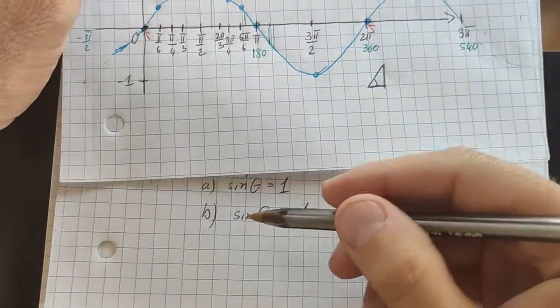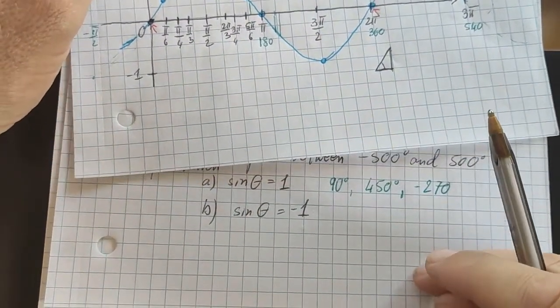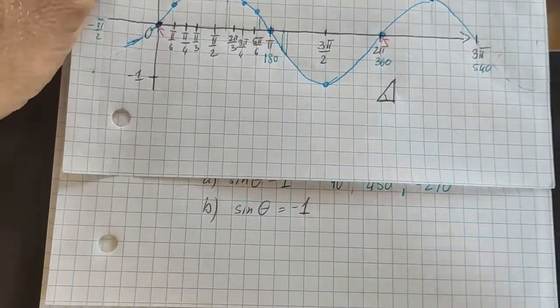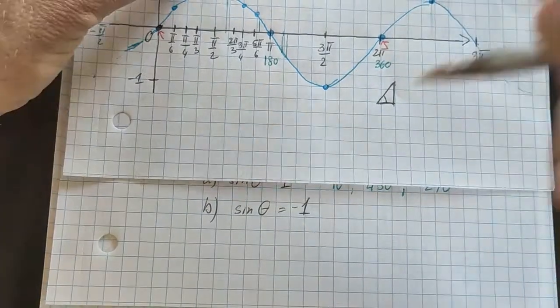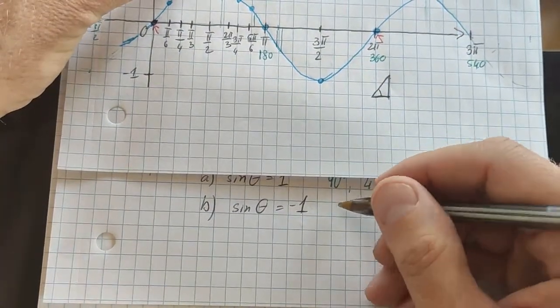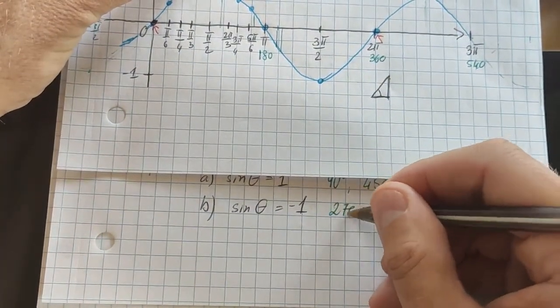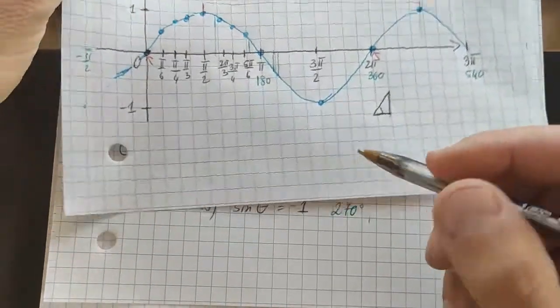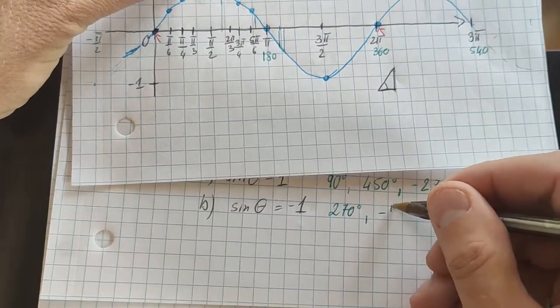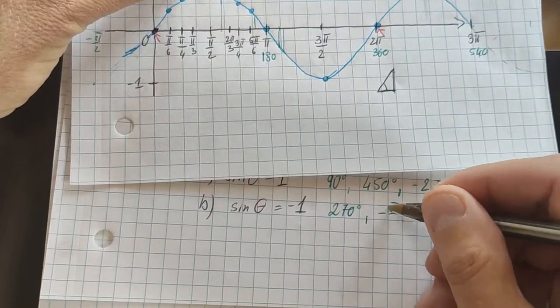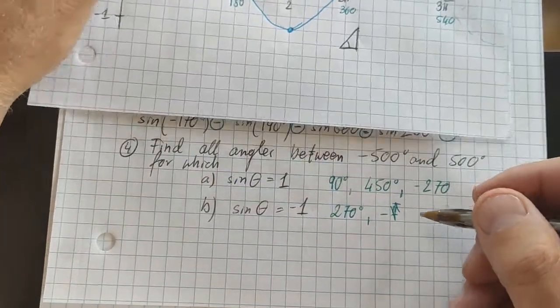Let's look at the second part of the question. So sine of theta needs to be negative. Okay, so that's my first one here, right? So 3 pi over 2 is 270. Then I'm going this direction over here. I know the first one, negative pi over 2, or let's write it as negative 90.